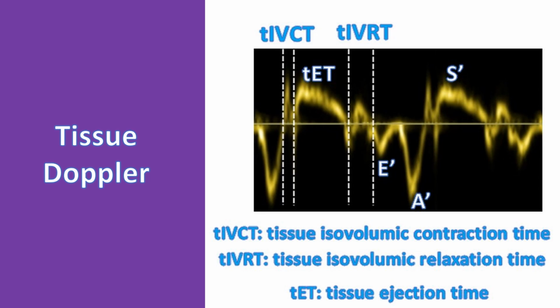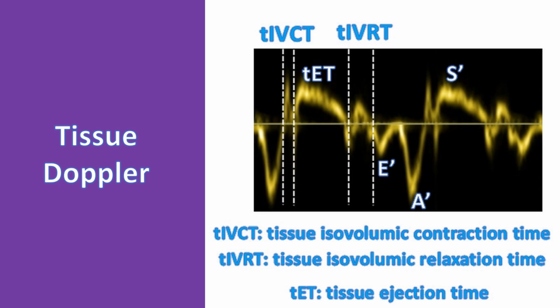Longitudinal function of the right ventricle can be quantified by tissue Doppler methods. Longitudinal velocities assessed by tissue Doppler techniques are the lateral mitral annulus velocity, septal annulus velocity, and the tricuspid annulus velocity.